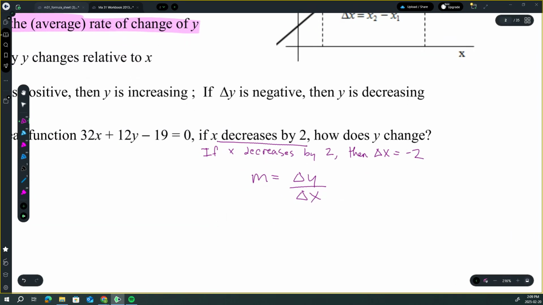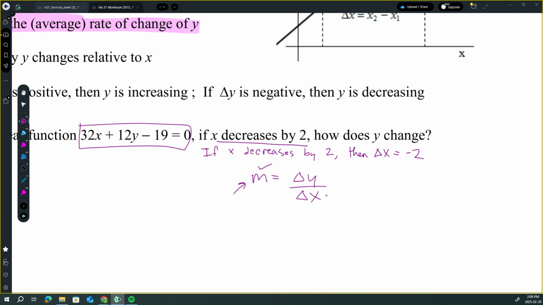Okay, so you guys should all be aware that whenever you're given any equation, you can find slope from that once you put it into y equals mx plus b format, right? So we're going to be able to find slope eventually. We already have change in x, and we'll need to isolate for change in y eventually.